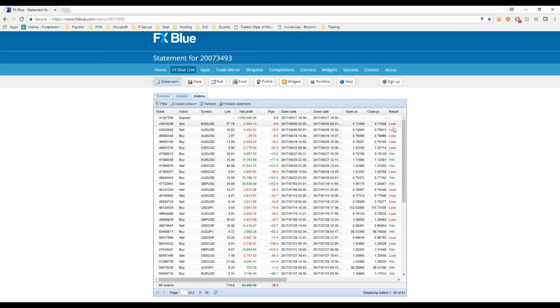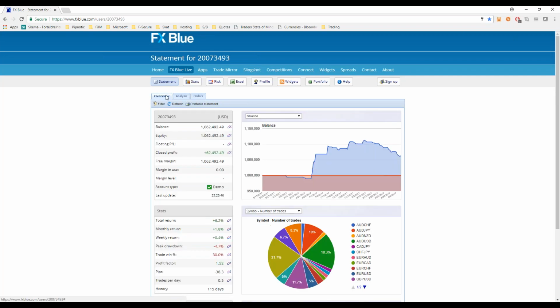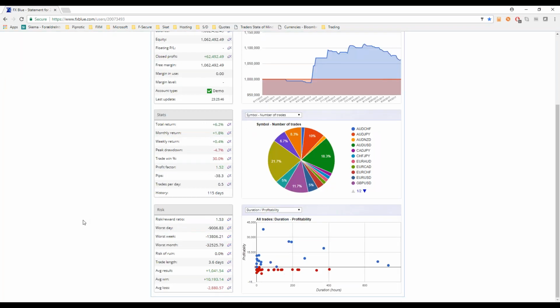Look at his losses here. 1, 2, 3, 4, 5 in a row. 1, 2, 3, 4, 5, 6 in a row. But more importantly, I want you to look at this. Average win over 10,000, average loss under 3. And so he has at least a 3-to-1 for his trades.